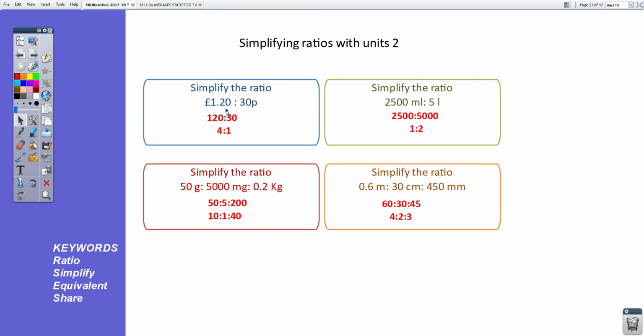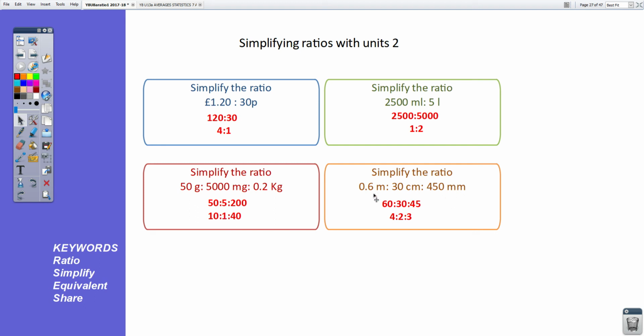So, £1.20 is 120p, 120 to 30, both divide by 30, 4 to 1. 2,500 millilitres to 5 litres, change this to 5,000 millilitres, both divide by 2,500, giving 1 to 2. Simplify this ratio, change them all into grams: 50 divides by 1,000 to give 5 grams, and 0.2 kilograms is 200 grams. Then each one divides by 5, giving 10 to 1 to 40.